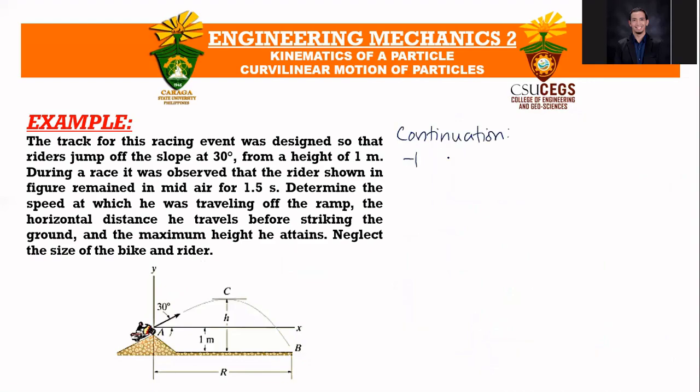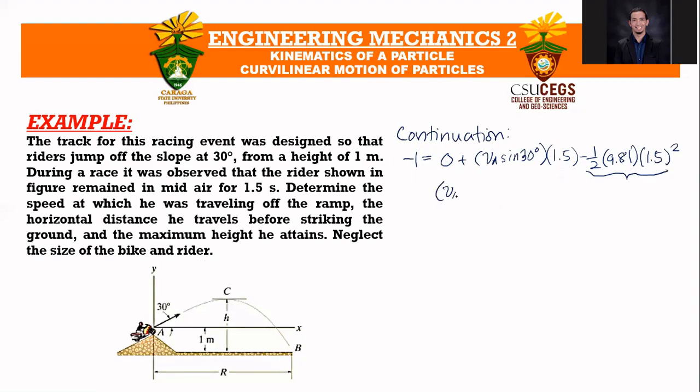That was -1 is equal to 0 plus VA sine 30 degrees times 1.5 minus 1/2 times 9.81 times 1.5 squared. So we just transpose this term to the other side.